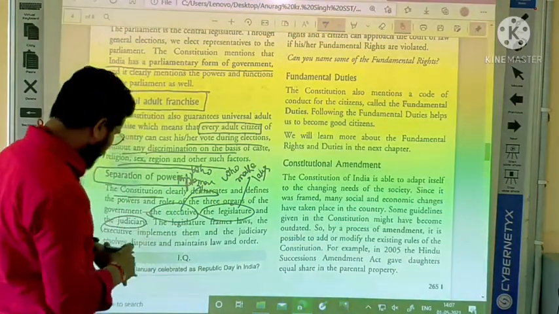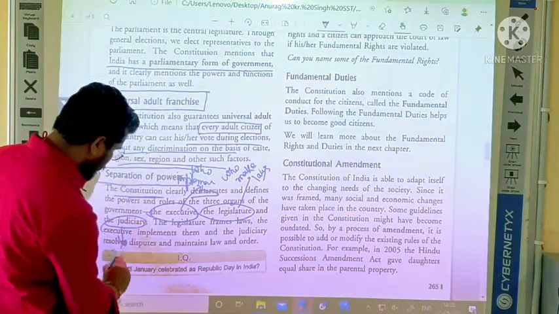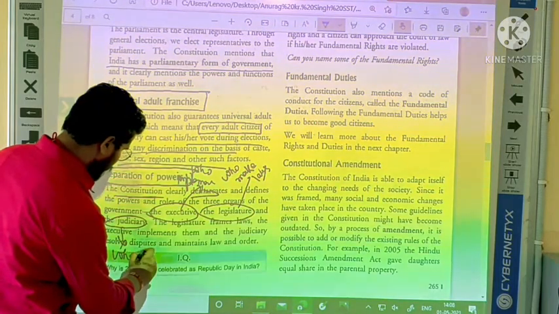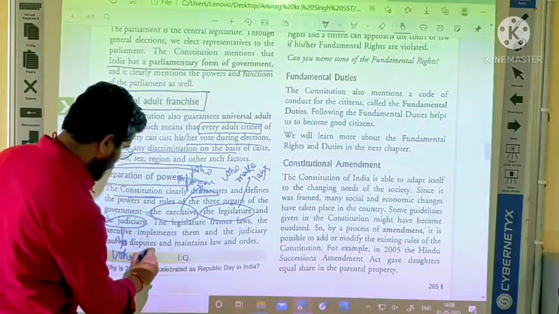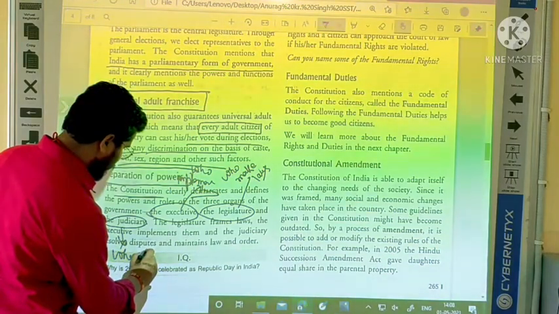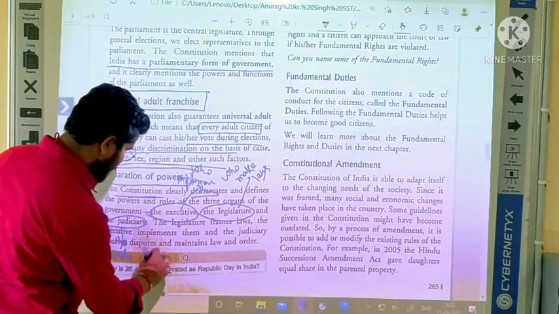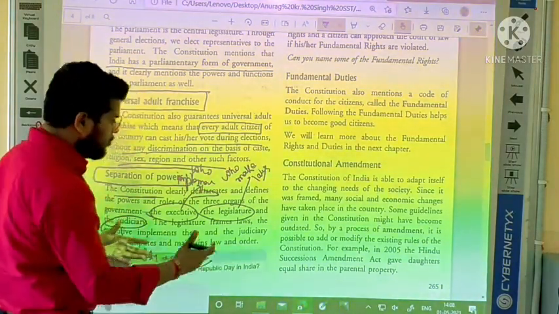All these are examples of judiciary, which resolves disputes and maintains laws, who check the laws.